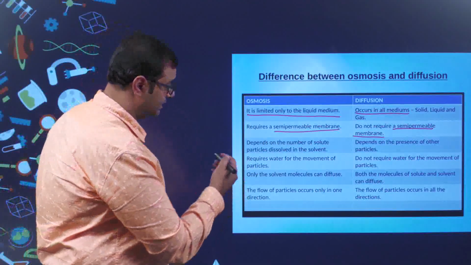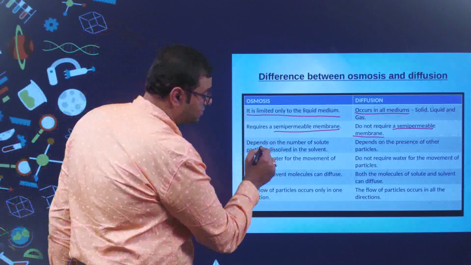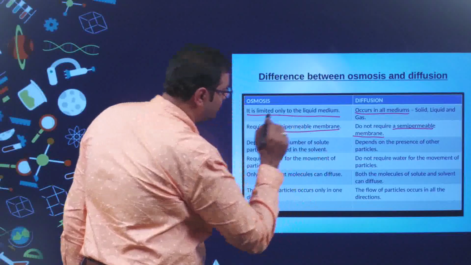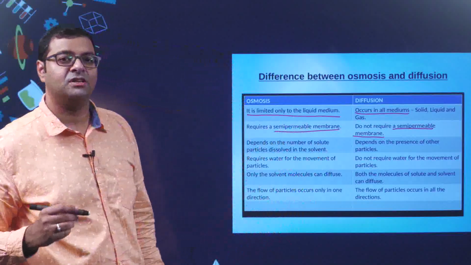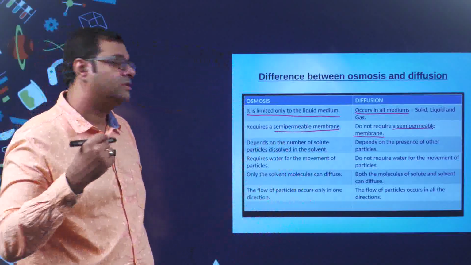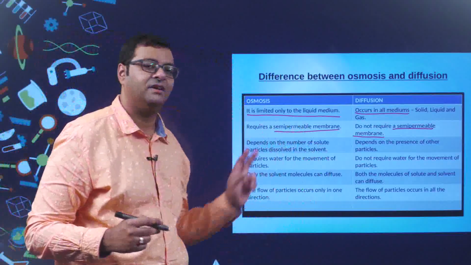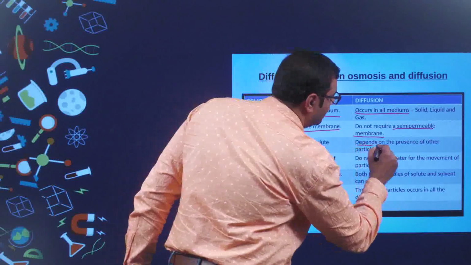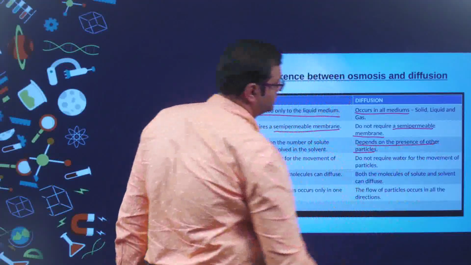Then the third difference: osmosis depends on the number of solute particles dissolved in the solvent. So osmosis generally depends upon how much solute is dissolved in the solvent, whereas diffusion depends on the presence of other particles.